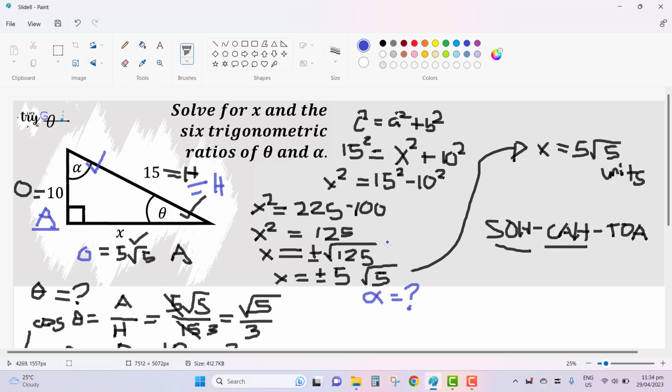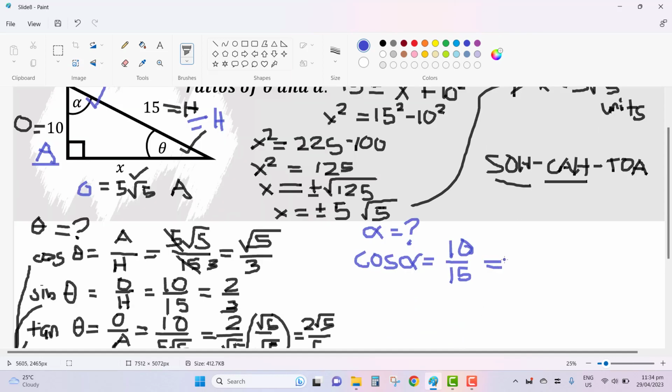So in this case, after identifying that, we can now proceed to the 6 trigonometric ratios of alpha. So cosine alpha is equal to adjacent over hypotenuse. The adjacent is no longer 5 square root of 5, but it's 10. It's 10 over hypotenuse 15. This is again, in simplified form, 2/3.